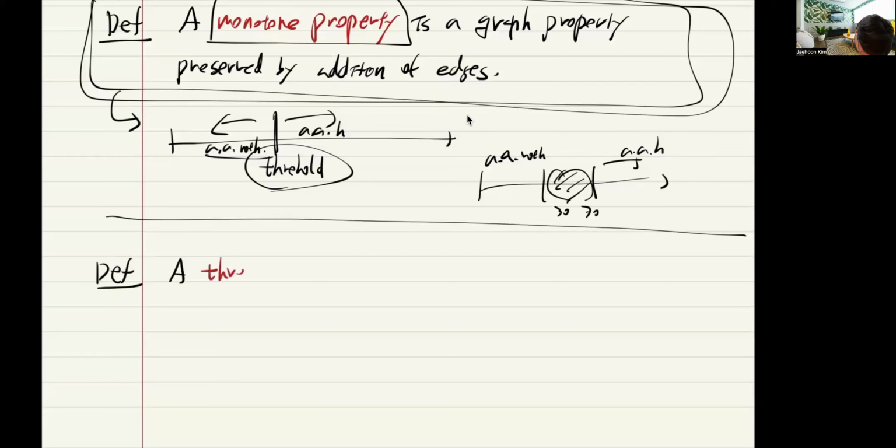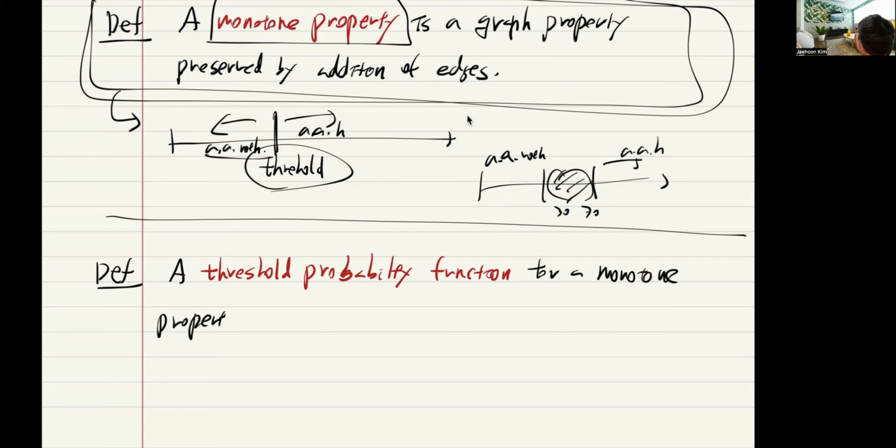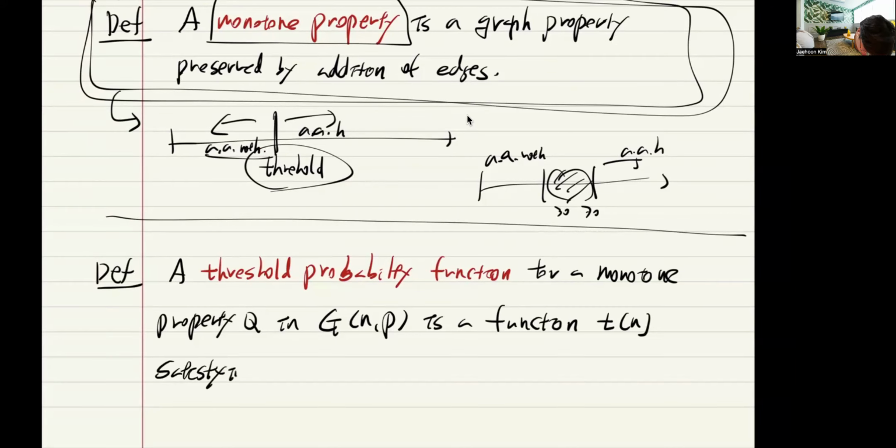So we define a threshold probability function for a monotone property Q in G(n,p) as a function, say T(n), satisfying the following.